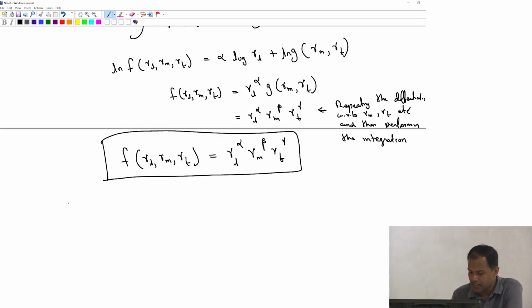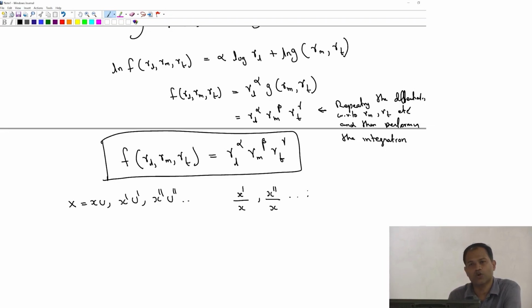We started by saying that we are going to look at a quantity x, which we will write as either xu, or x prime u prime, or x double prime u double prime and so on, and we said we are looking at quantities like x prime by x, x double prime by x and so on.